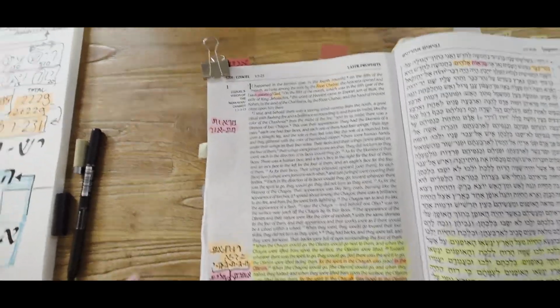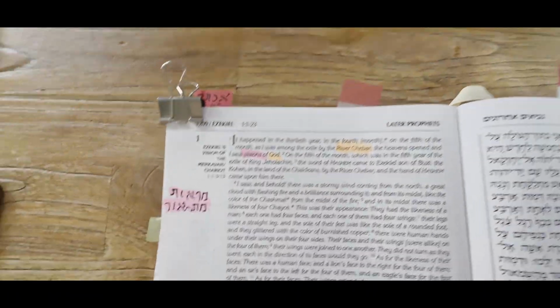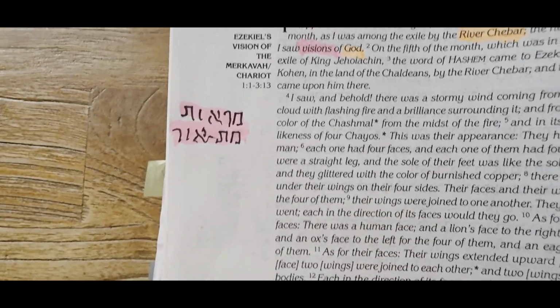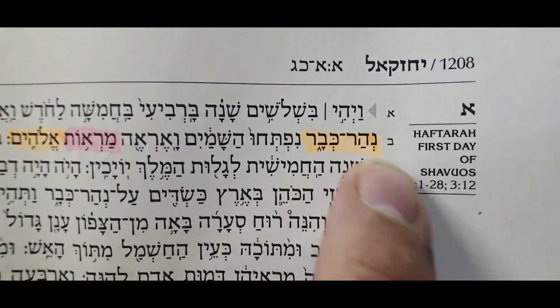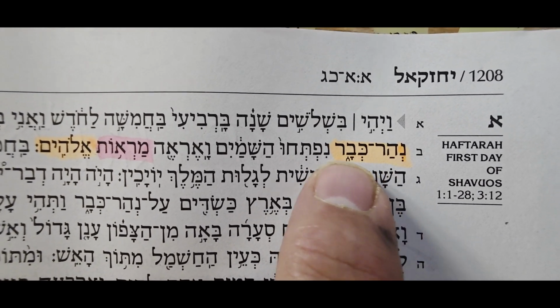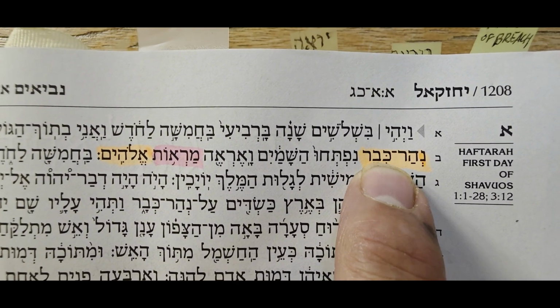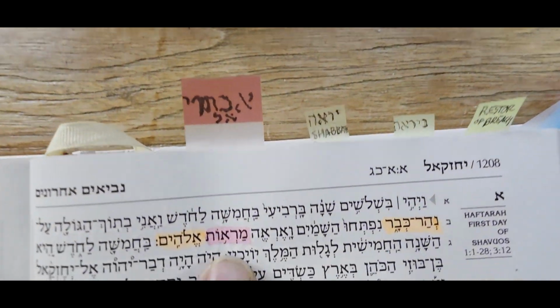And then we'll start here, because just to show you, we won't read it because there's a lot here. But what we will do is show you that Nahar, river, Kevar, right? The river Kevar, 20 plus 2 plus 200, 222.